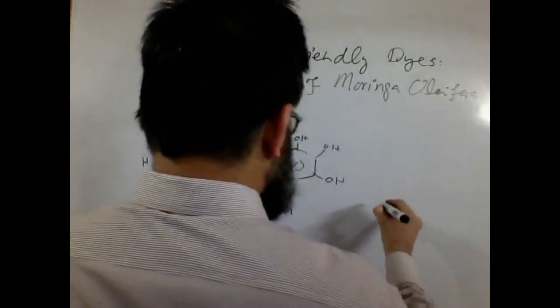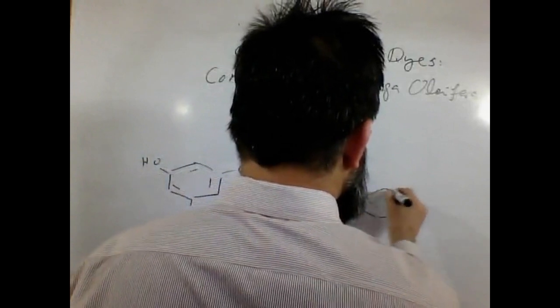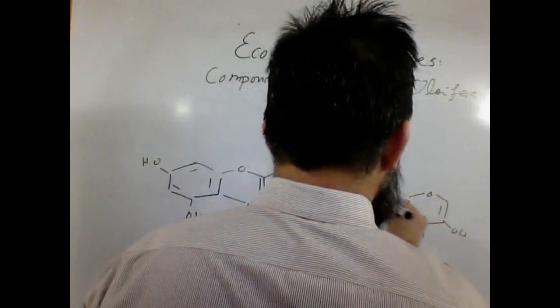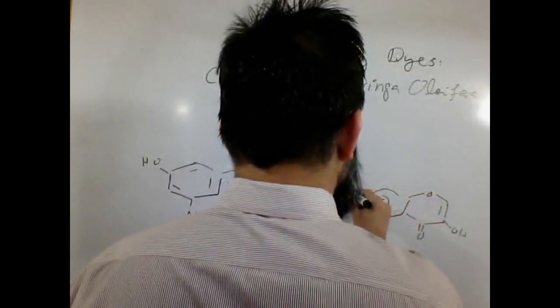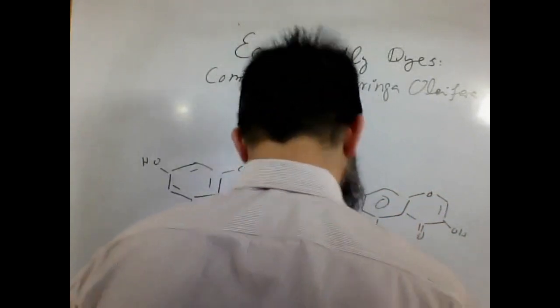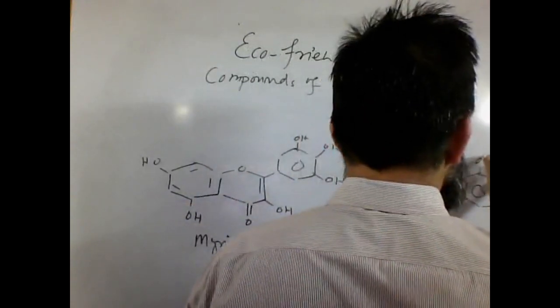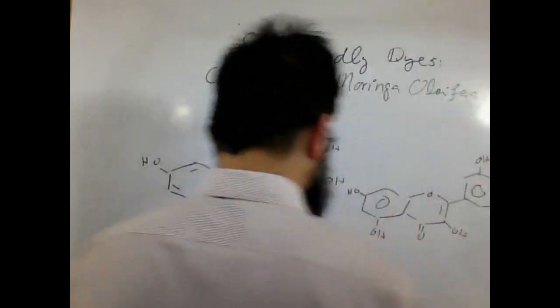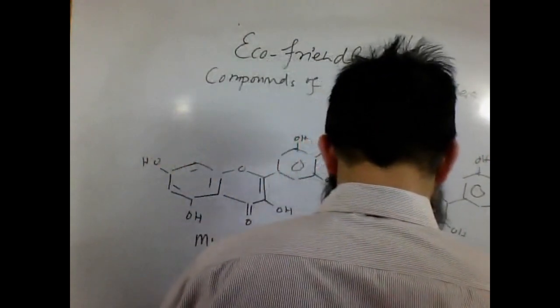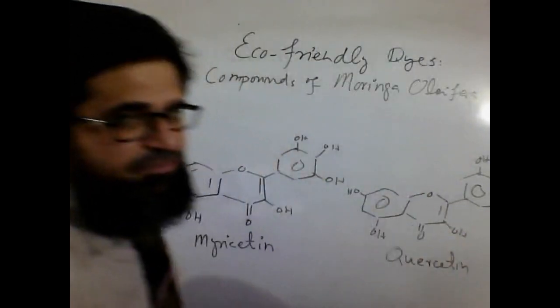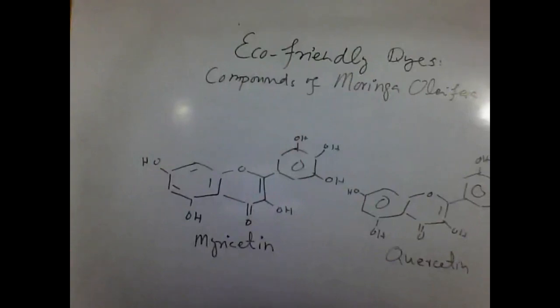The structure is almost the same. Yes, this compound is called quercetin. These are two of the compounds which are available in Moringa oleifera.